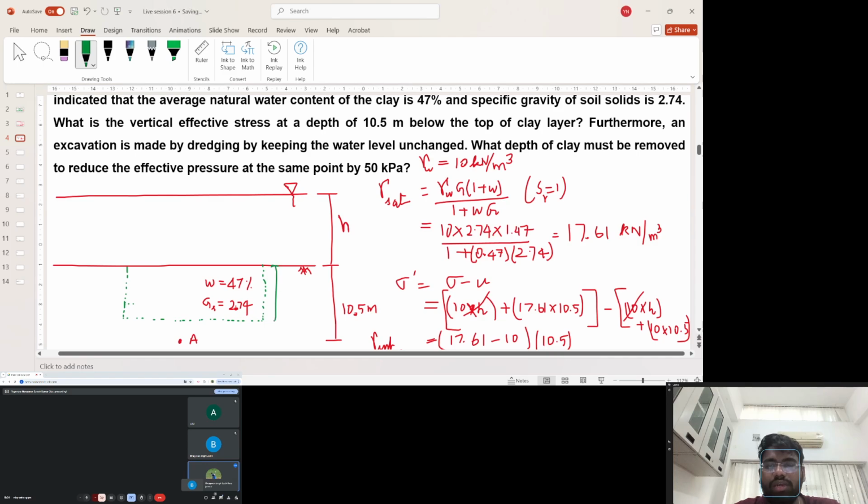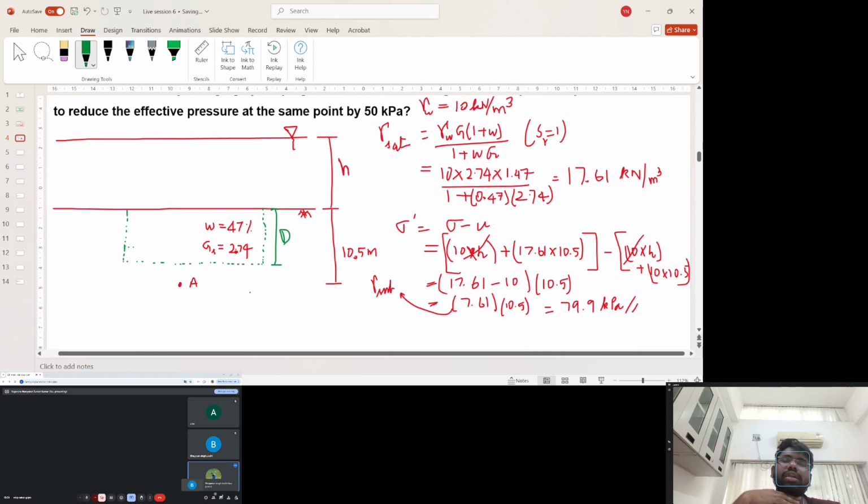So we need to calculate D. All right. So how to calculate it? First, we need to understand the difference in effective stresses.